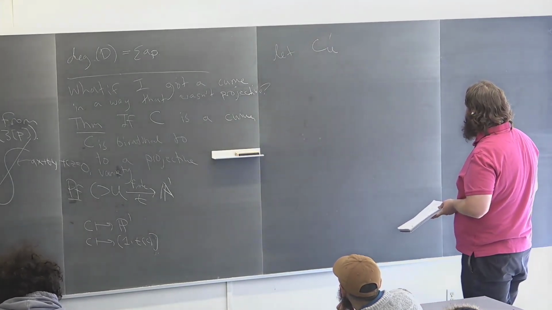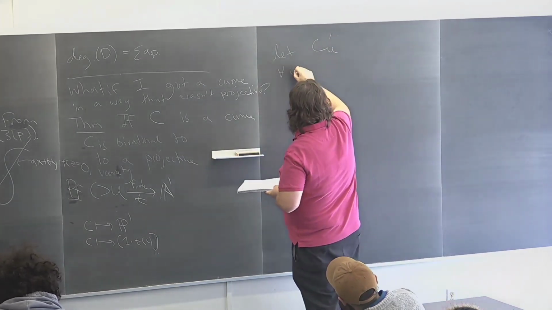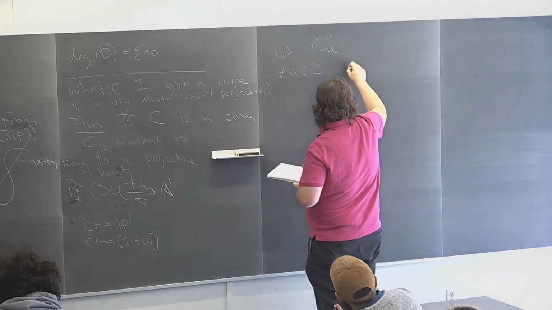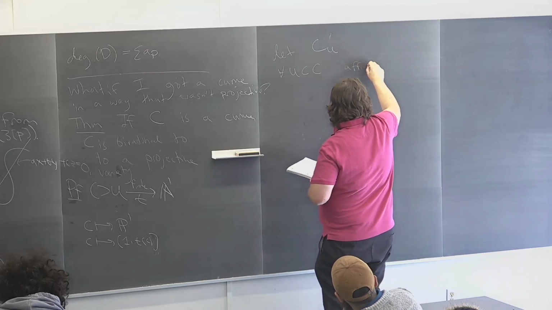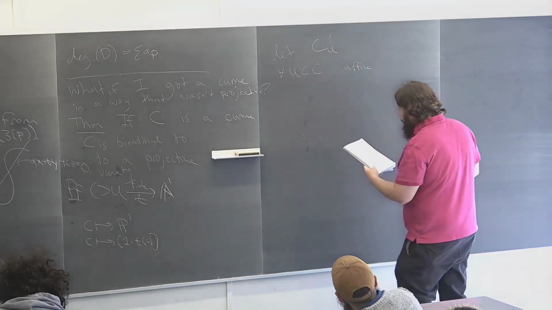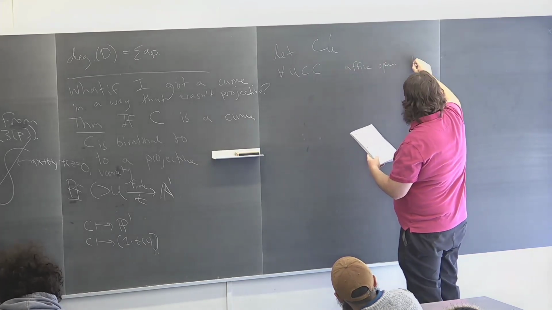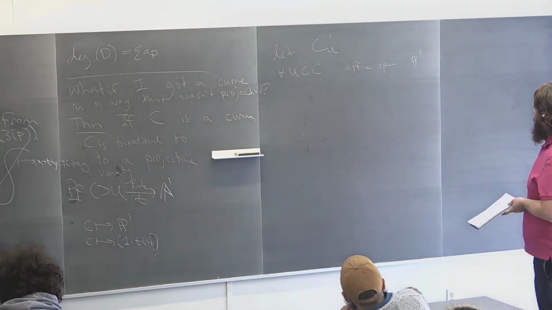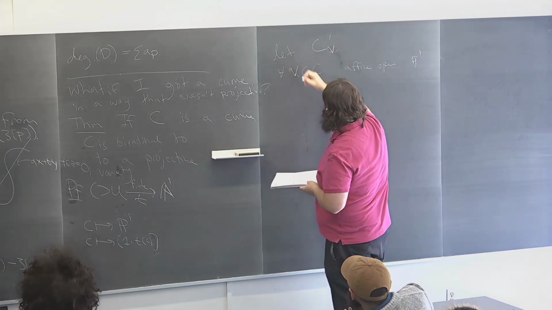So I'm going to define a scheme C of U for all affine opens inside C. Sorry, affine opens. So maybe I'll just call it V, to avoid confusion with the U I had before.